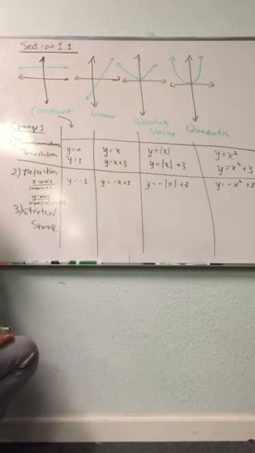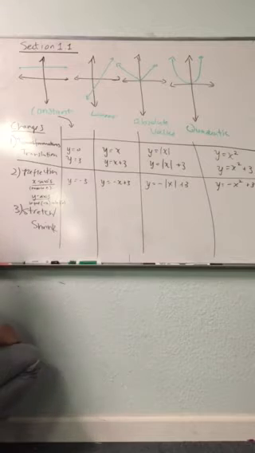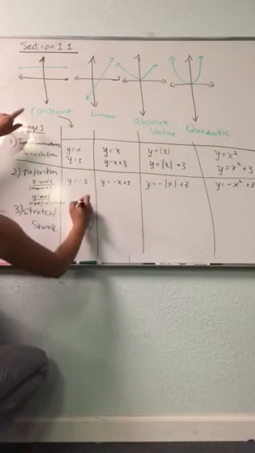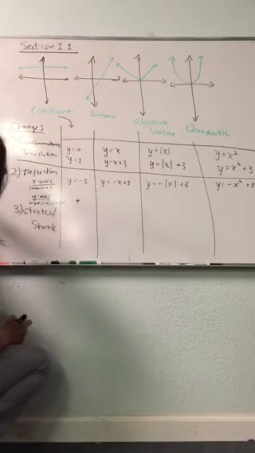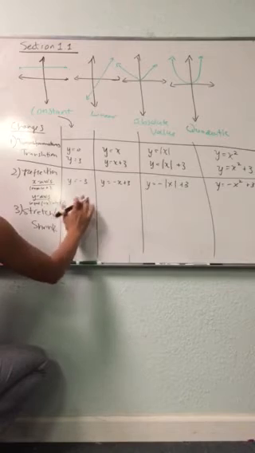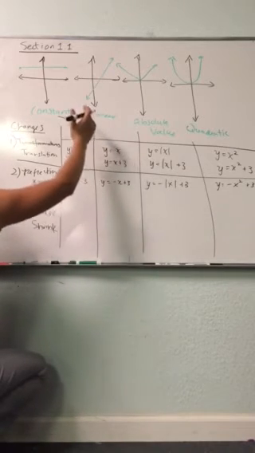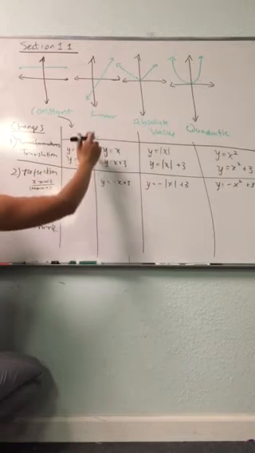Now what that means is that you put -x into the function and then clean it up and see what the reflected equation is going to be like, okay? It's a little tricky in this one. It's going to be the same because obviously we fold it in half. So in this case, all of these cases, with the exception of the linear equation, it's going to be the same.